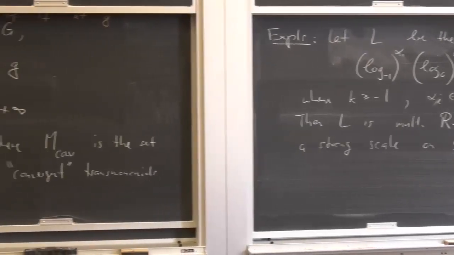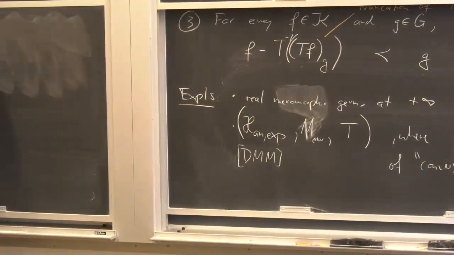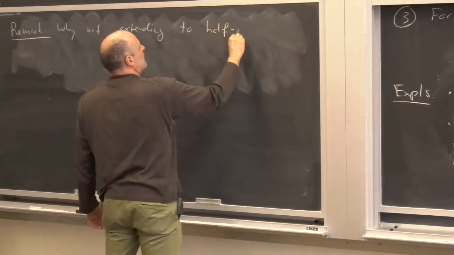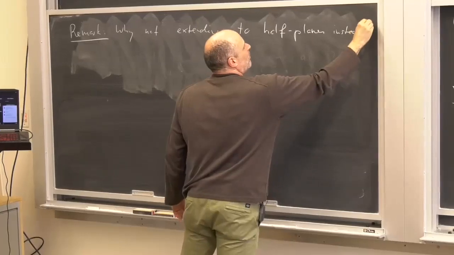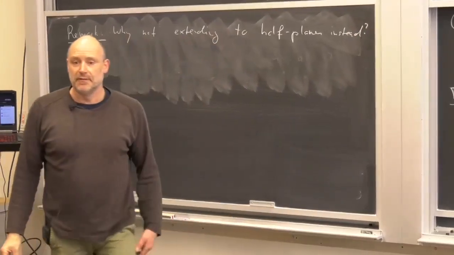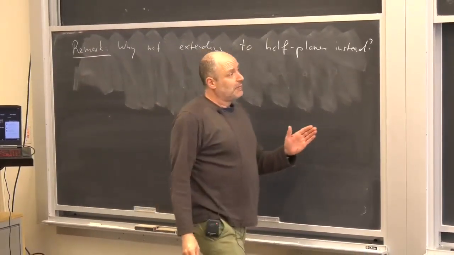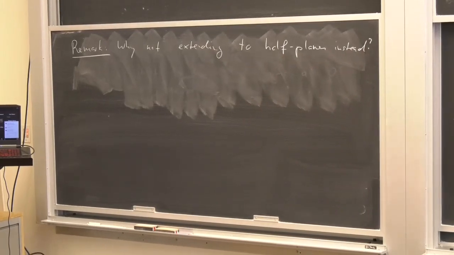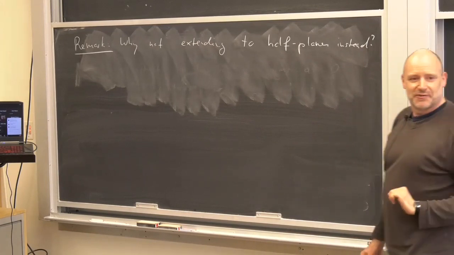Why not extend to half planes? That's because on half planes, powers of e to the z, or say e to the minus z, does not uniformly go to 0 as the real part of z goes to infinity.